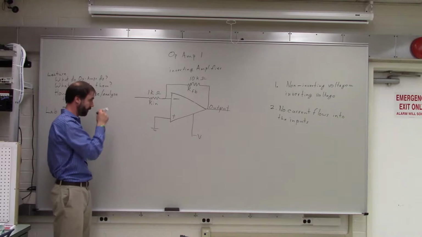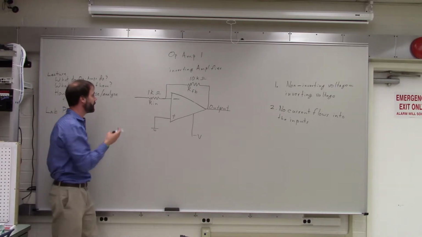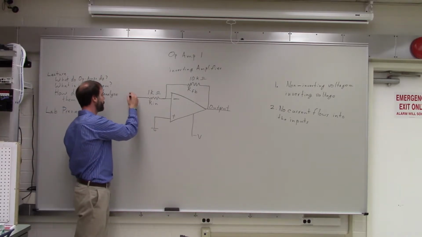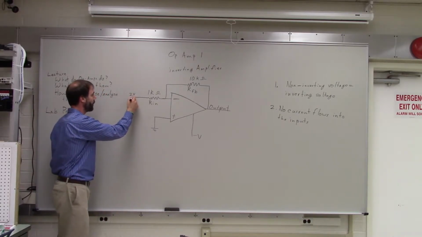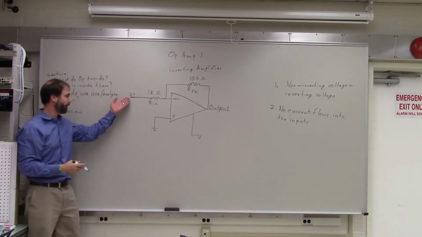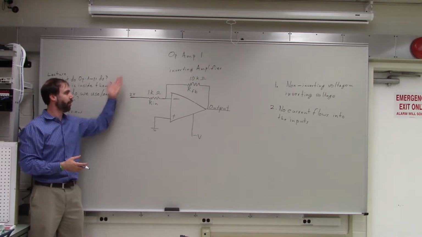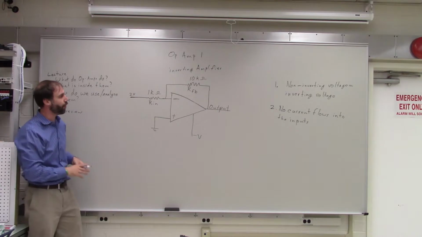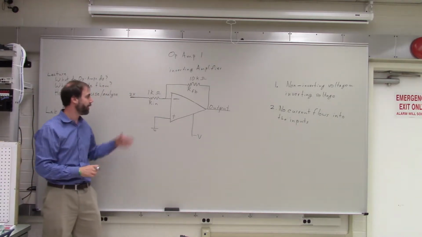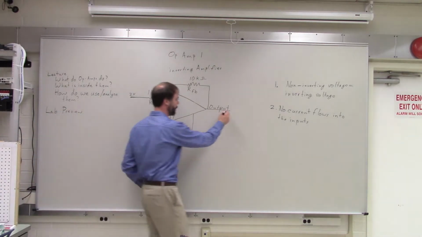So let's say that you had 2 volts right here at the input to this whole circuit. Okay? And now let's use the 2 rules that we know to try and figure out what the output voltage is going to be.